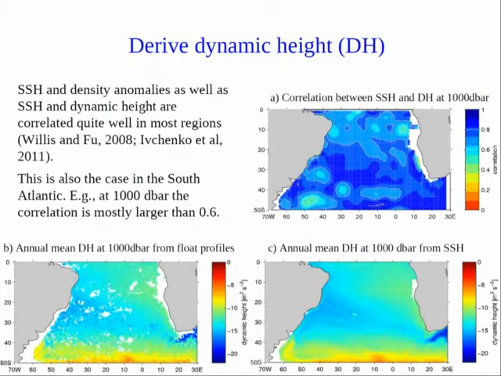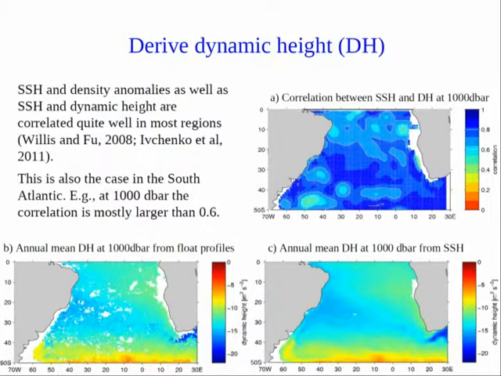Now this figure on the right shows the correlations, which are mostly pretty good. In large parts, especially the subtropics, they are more than 0.6 or even 0.7. A little bit less well down in the southwest corner, but in most of the areas it's a very good correlation.